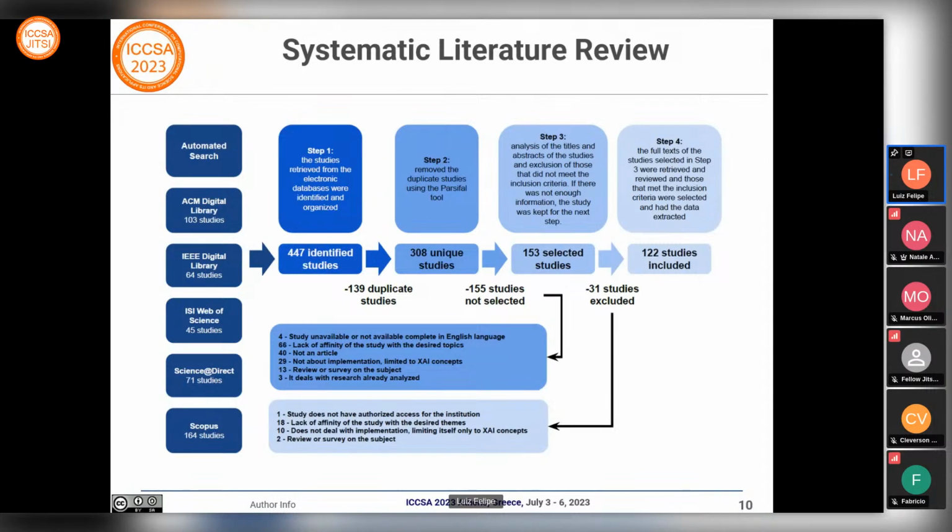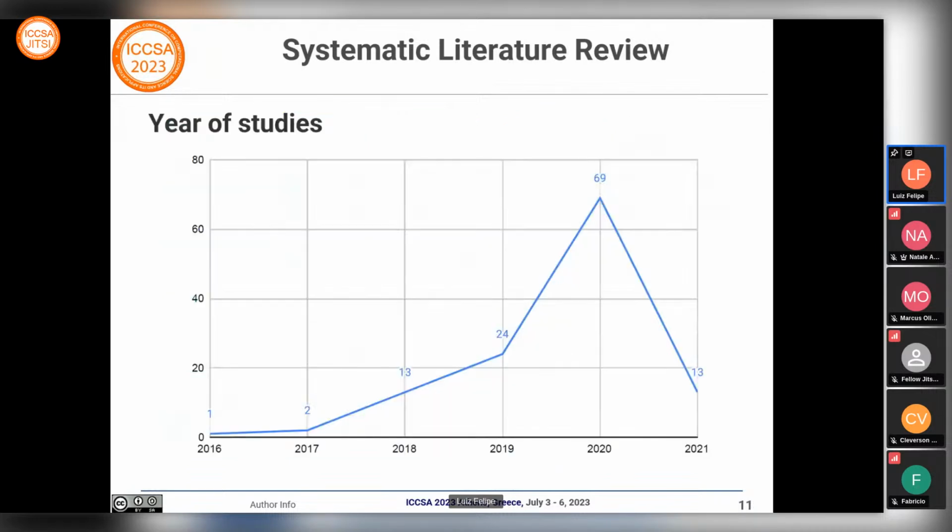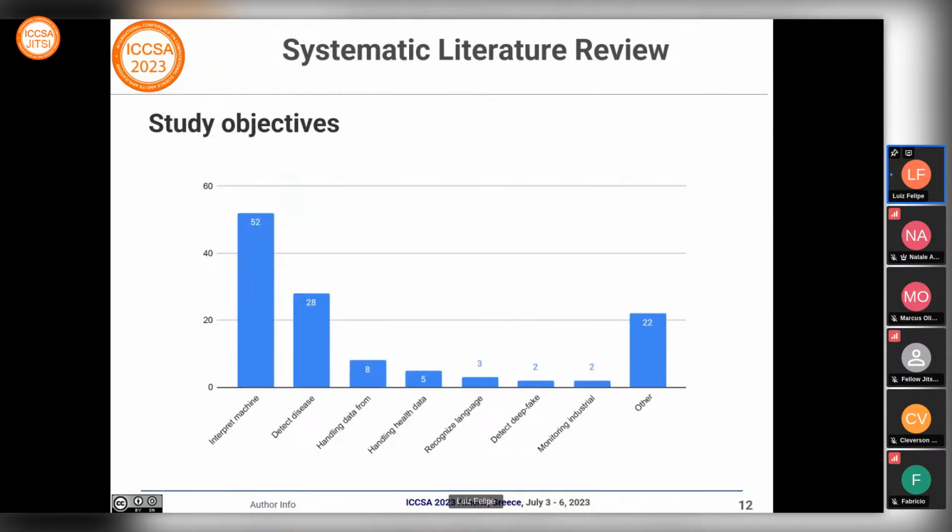In this picture you can see an overview of the review steps. A look at the distribution of studies over the last 5 years. The reviewed studies organized by their objectives.